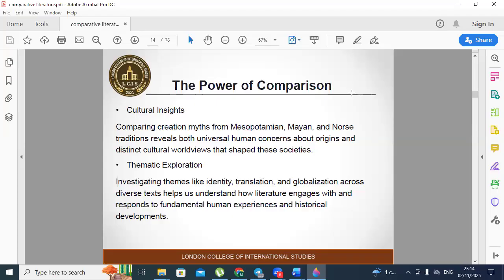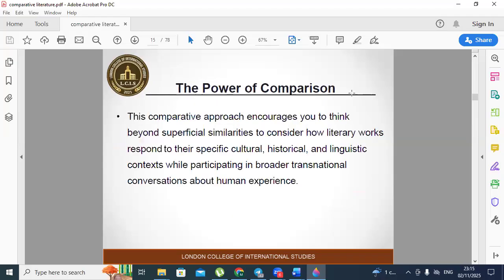But also the distinct worldviews that shaped each society. Second, thematic exploration. You can track a single theme like identity or globalization across diverse texts to understand how different literatures engage with these fundamental human experiences. This shows the discipline is both deep and broad.